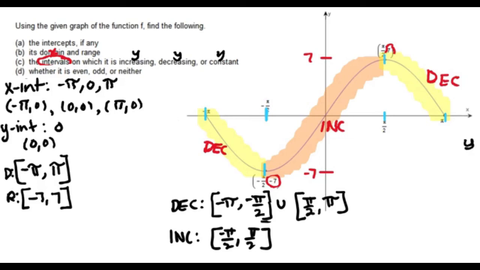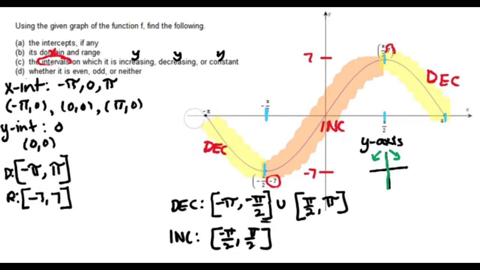So let me kind of go in the middle here. For y-axis symmetry, what you would look at is this vertical axis, that's the y-axis, and if you have y-axis symmetry, you're going to have a mirror image on either side of the y-axis.